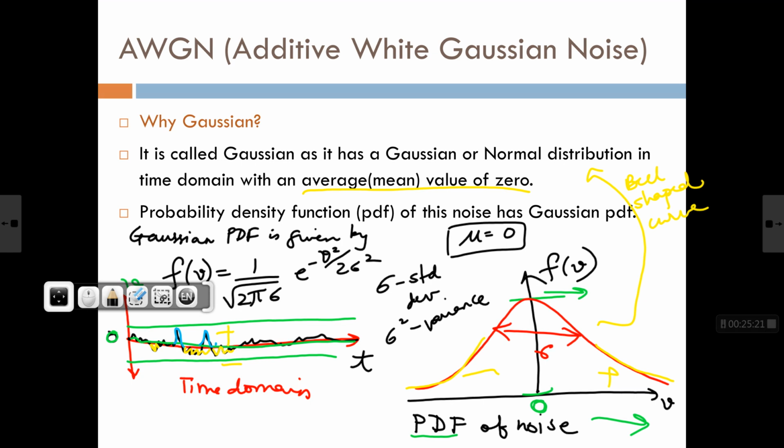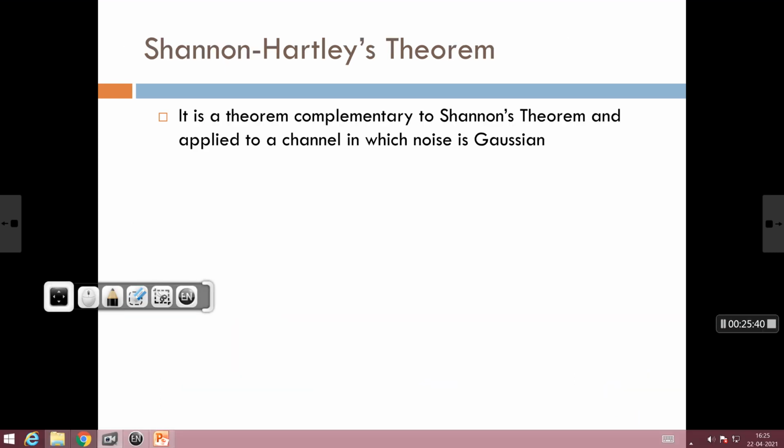There was no guidance given, but later there was a theorem in addition to Shannon's, given by Hartley also. So it is called Shannon-Hartley's theorem, and it is complementary to Shannon's theorem, applied when the noise is Gaussian.